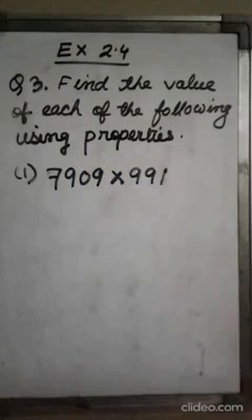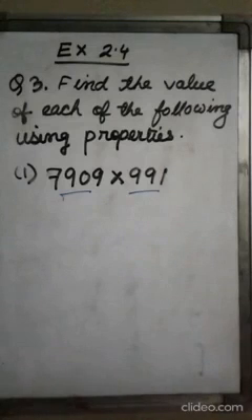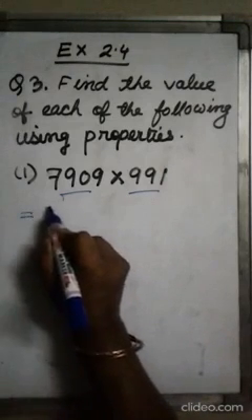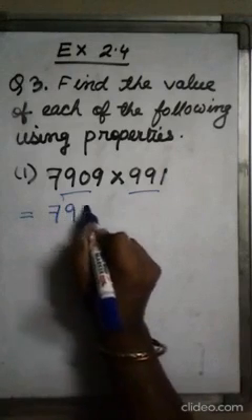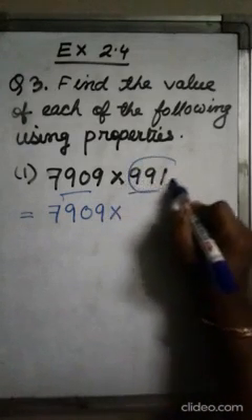Question number 3. Find the value of each of the following using properties. Number 1, 7909 into 991. So how to solve this type of question? 7909 into, I shall expand this number.